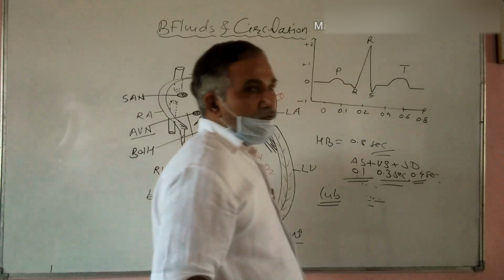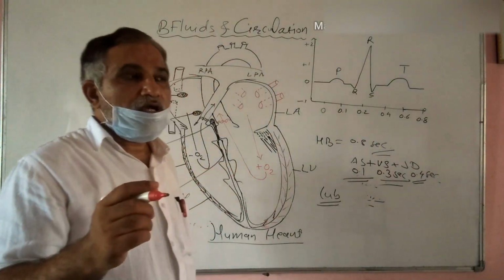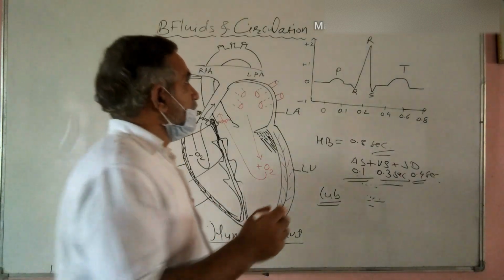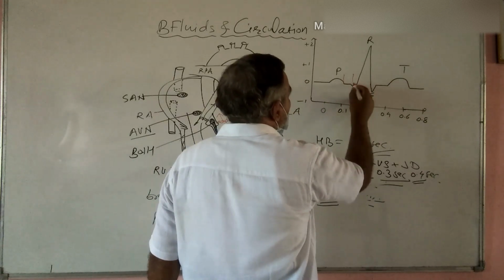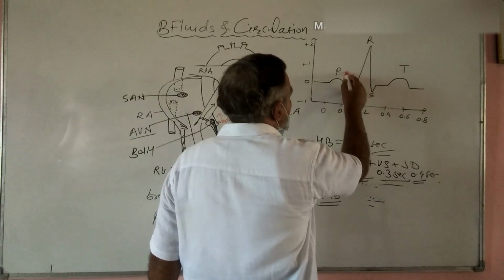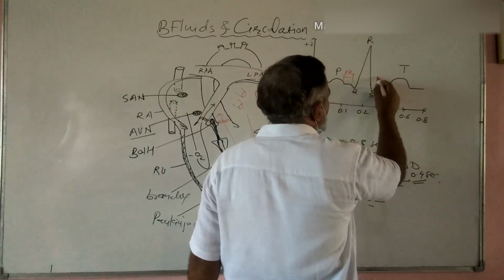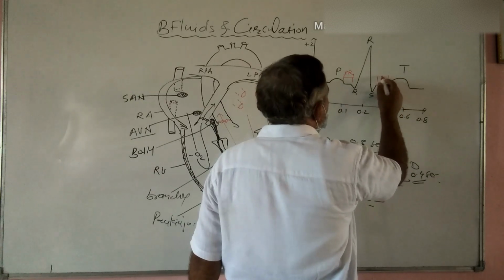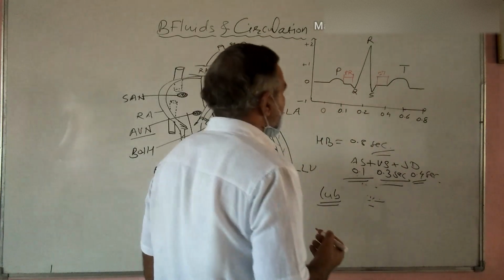You must know what is meant by segment and interval. So see here, from this point to this point, this is the PR segment. Again, this here is the ST segment.